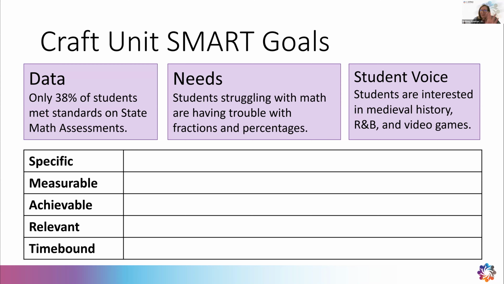I don't know a kid that's not interested in video games, but we don't necessarily need to specifically be referencing those interests within the context of the goal, right? The activities that we then build out to support that goal might include these different areas of interest for students, right? Because the goal is not about what their interests are, it's about the relevancy to the need.